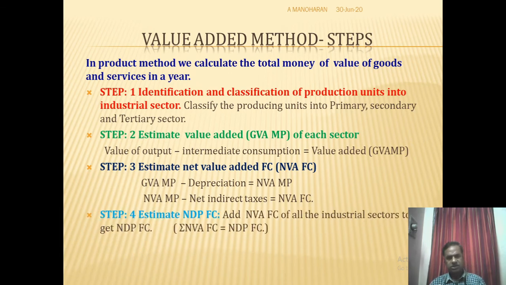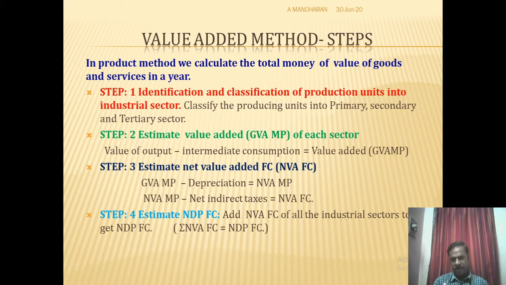Then afterwards, we can find out NDPFC. NVAFC, NDPFC. The difference is: NVAFC is for a sector, NDPFC is the sum of all the sectors in the economy. We calculate net value added factor costs for a sector, say for example the primary sector.